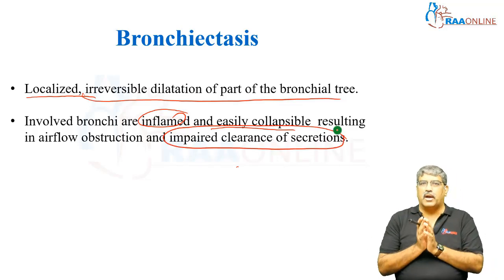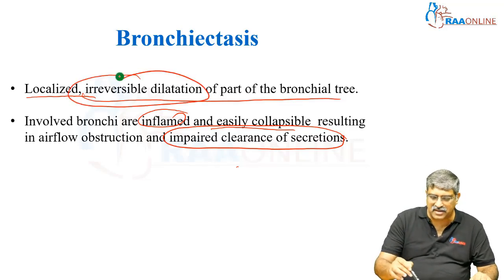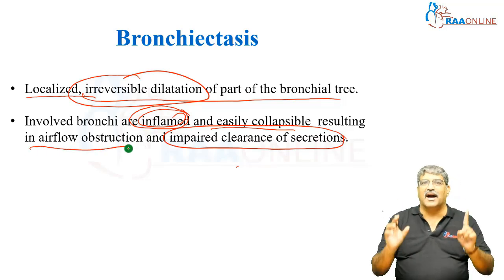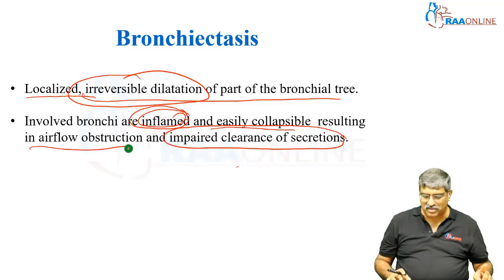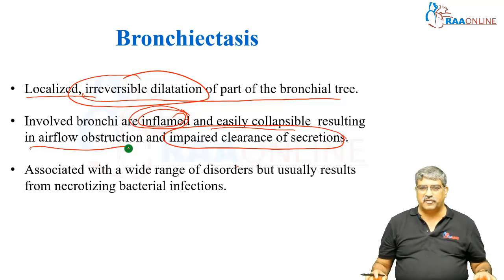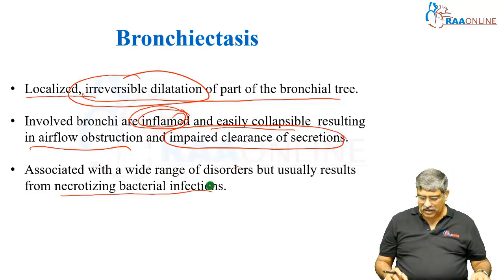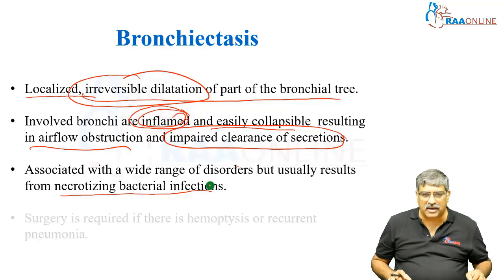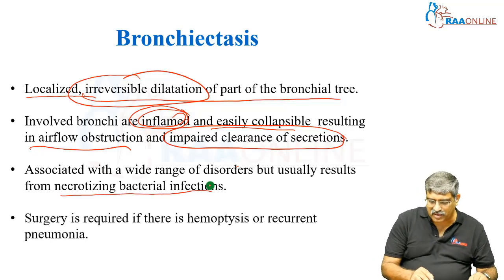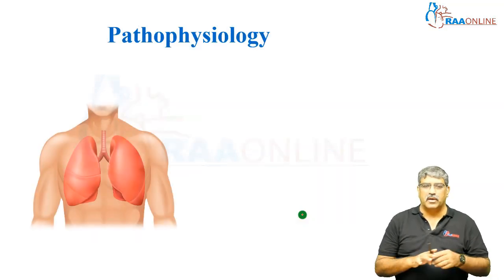So, the most important characteristics of bronchiectasis are irreversible dilatation, inflamed bronchi, airflow obstruction, and impaired clearance of secretion. It is associated with a wide range of disorders, usually immunocompromise, but usually results from necrotizing bacterial infection of the lung. Surgery is required if there is hemoptysis or recurrent pneumonia.